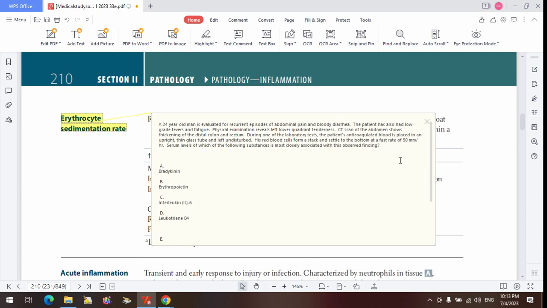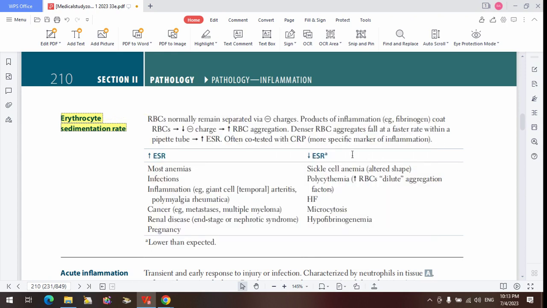Exactly. Fibrinogen is one of the acute phase reactants. Let's go to the statement again. They said products of inflammation, e.g. fibrinogen, can coat the red blood cells and neutralize the negative charge, and they will increase attraction between those red blood cells, making them dense, and they will fall at a higher rate, increasing the ESR.